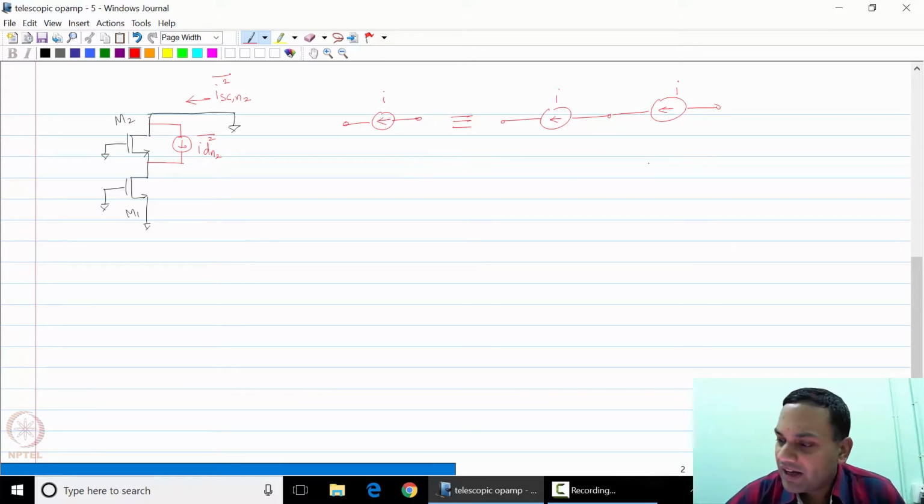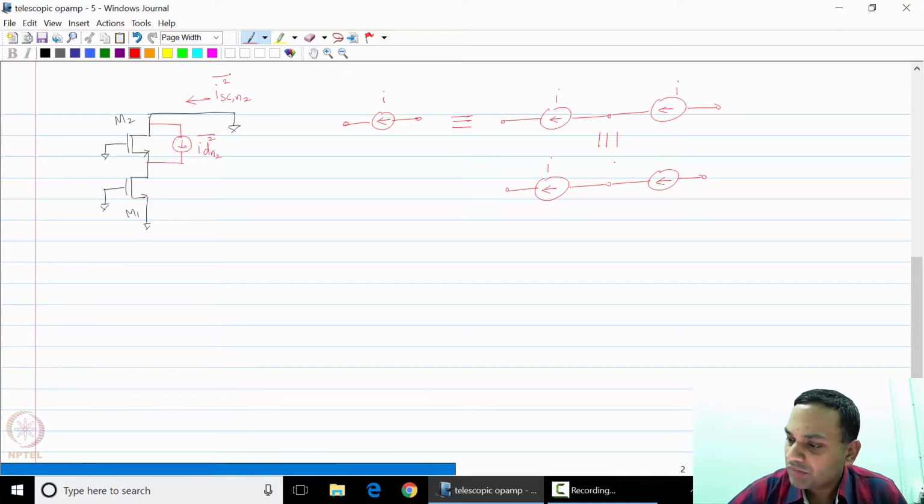And again, this can be changed as two current sources I with a short circuit at the common mode point, and there is no current through the short circuit. Therefore, the circuit does not change at all.